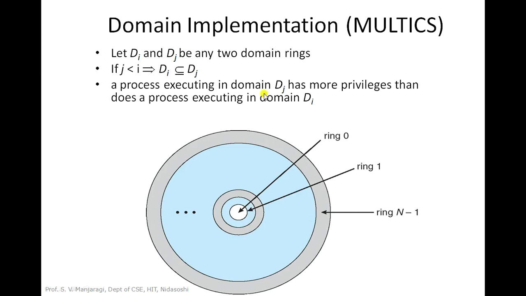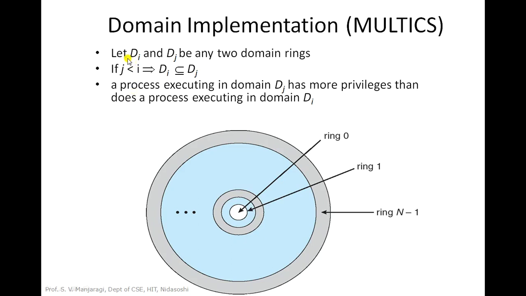Now let us look at domain implementation in case of Multics. So in Multics, let us take different domains here, which are organized in the form of rings. So rings are basically defining different security privileges.